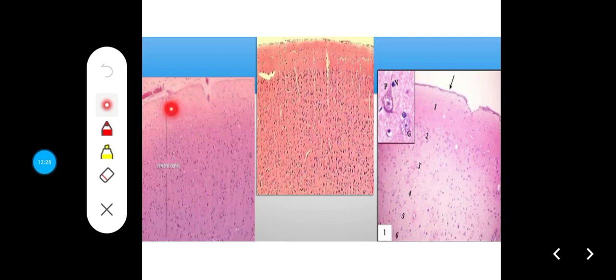Same thing here. This is the sulcus. Here the layers of the cerebrum are labeled. You can also appreciate the external granular layer, which contains densely packed cells, then the pyramidal cell layer, and so on.